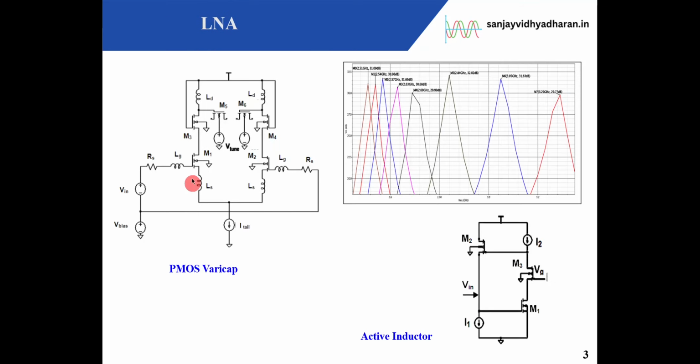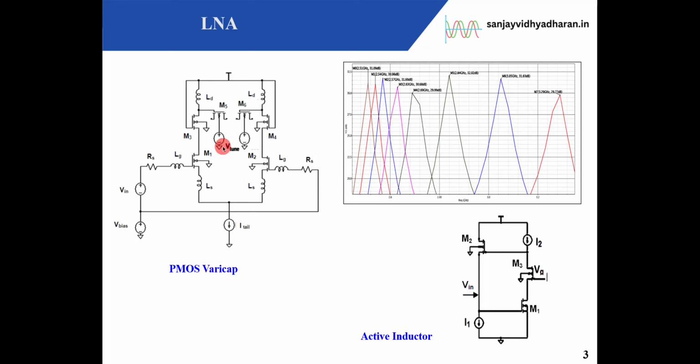Okay, now many a time you may want to have an LNA which is tunable to different frequencies. At different points of time you might want to receive different frequencies and tune it to the corresponding frequency. In that case, instead of having a fixed capacitor, we can have a PMOS here and apply a voltage. This PMOS varicap tuned amplifier I have again covered in the RF microwave course.